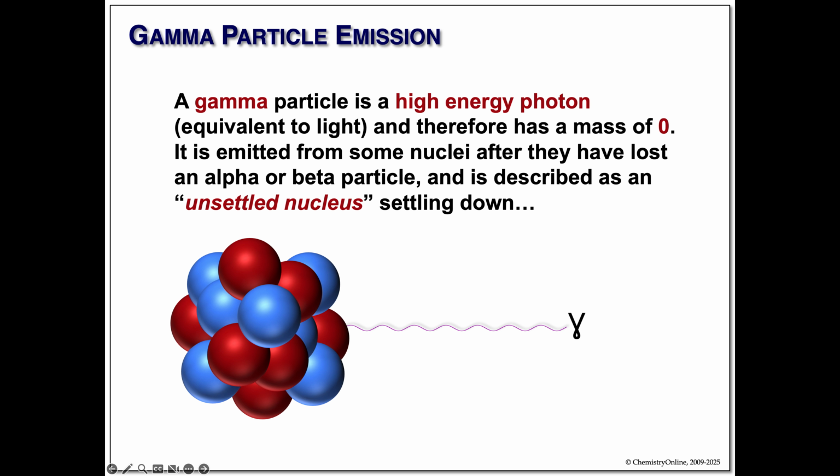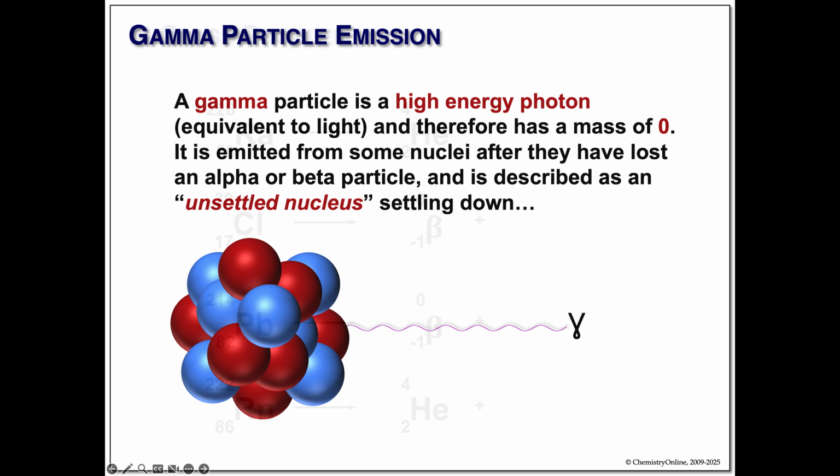It has no charge. The nucleus doesn't change. We simply excite it and then allow it to lose its energy, kind of like the flame test, if you will. Again, some gammas are very, very energetic. We heard a couple hit the little Geiger counter here, straight from outer space.